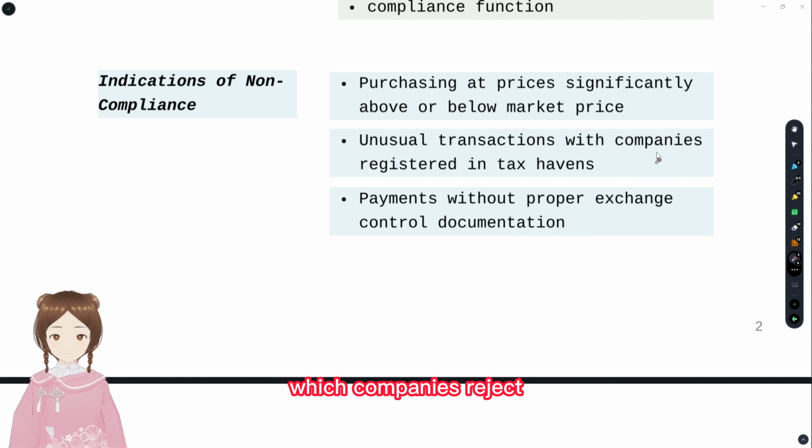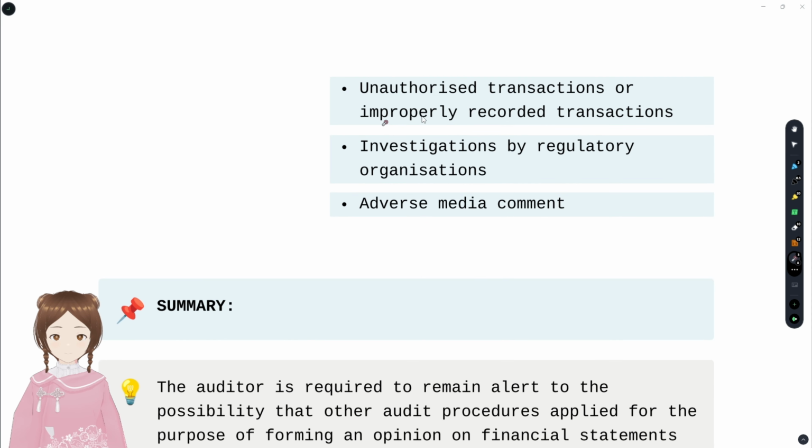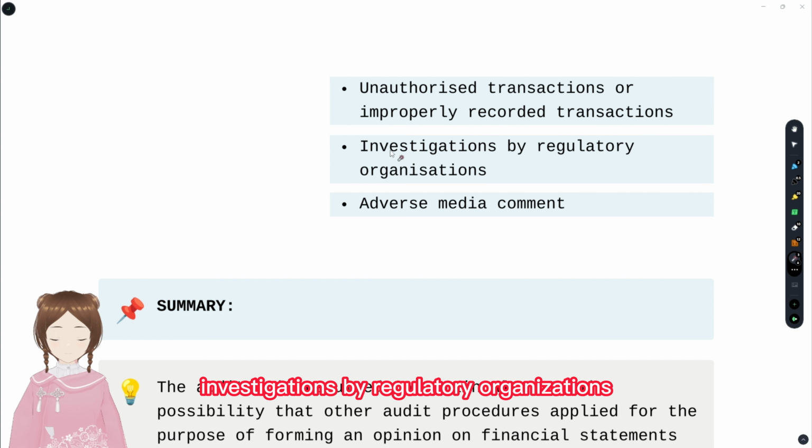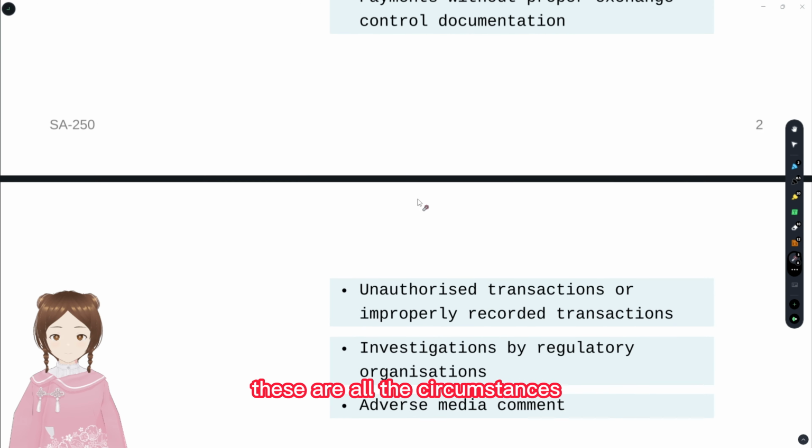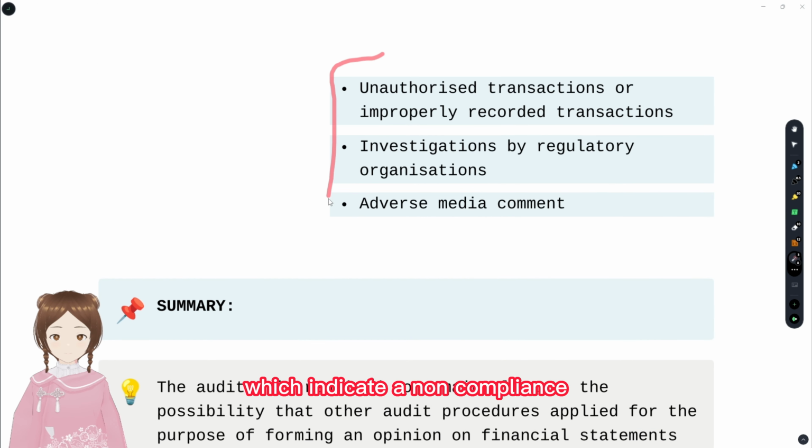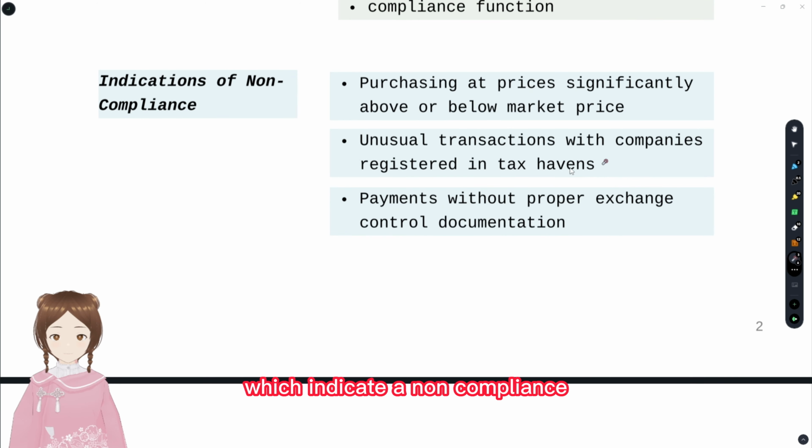Unusual transactions with companies registered in tax havens like Mauritius, Dubai, and payments without proper exchange control documentation. Unauthorized transactions or improperly recorded transactions, investigations by regulatory organizations, and adverse media comment. These are all the circumstances which indicate non-compliance.